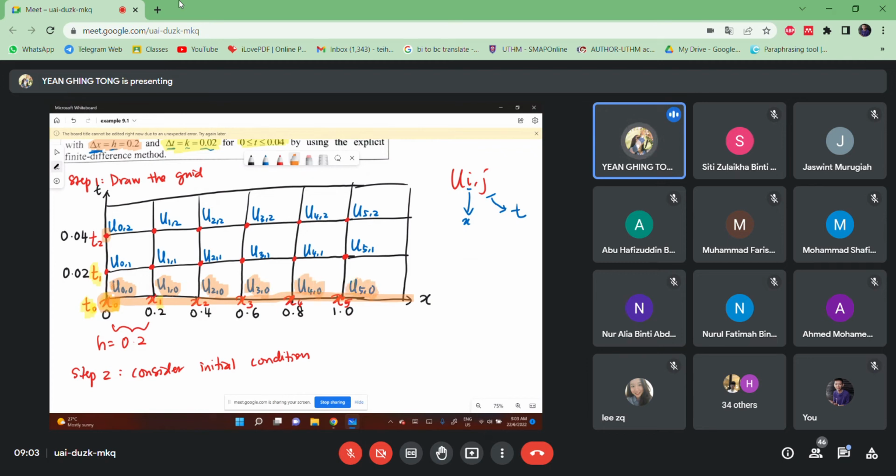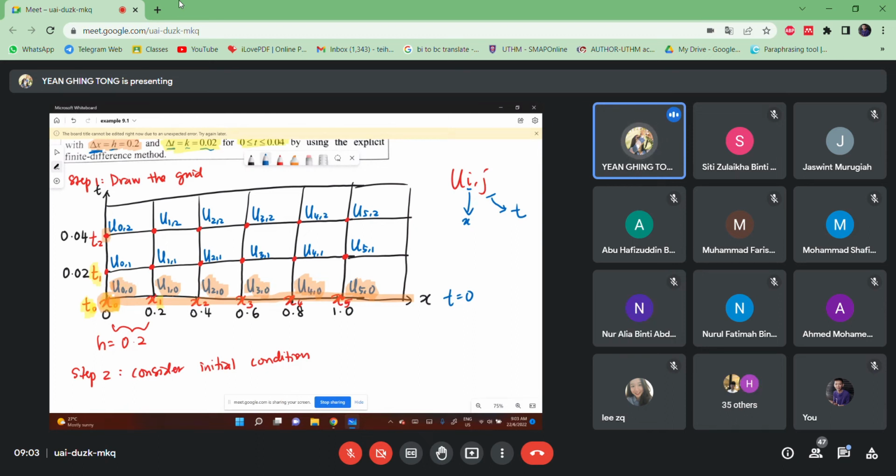The initial condition means the value when, sorry, bukan x equal to 0, t equal to 0. At this level, as t equal to 0. Okay, this is the initial condition.